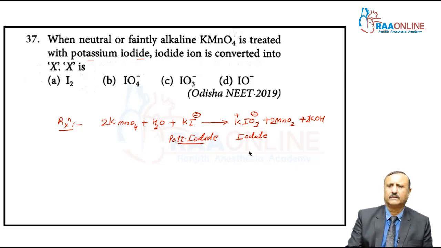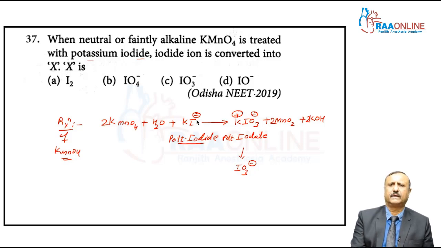Here you can see the K plus and IO3 minus ions, it is called potassium iodate. This is the reaction of KMnO4, and this reaction is already given in your books, and in Odisha NEET 2019 this question was asked.